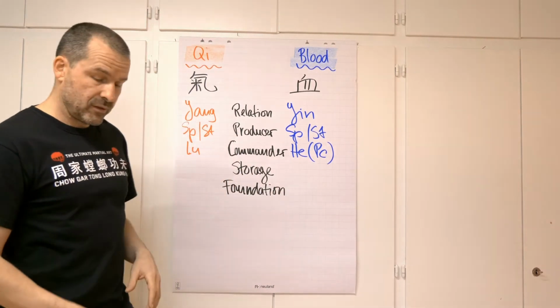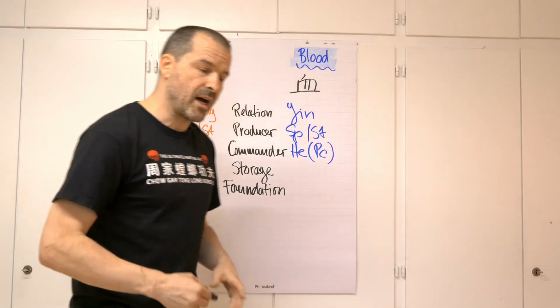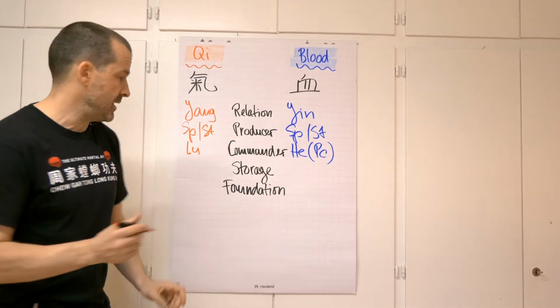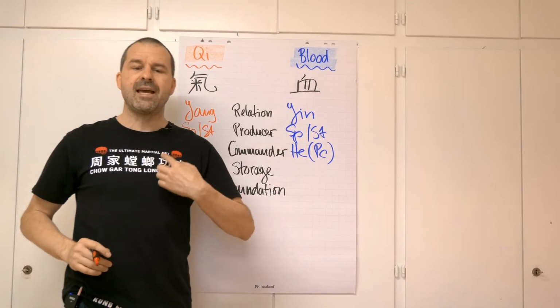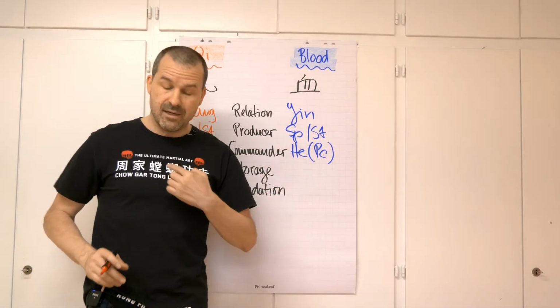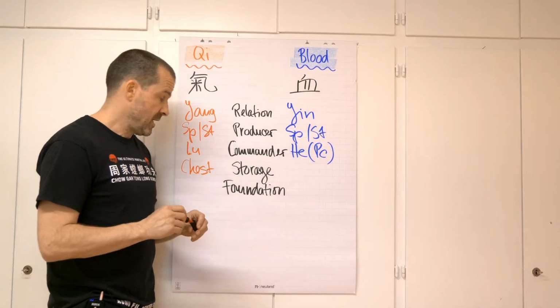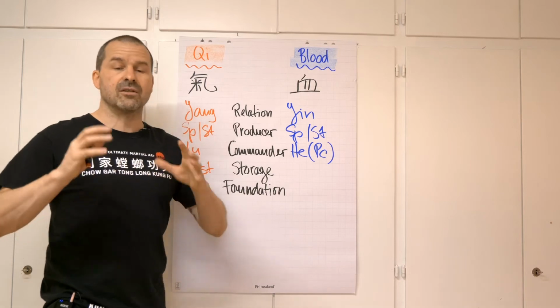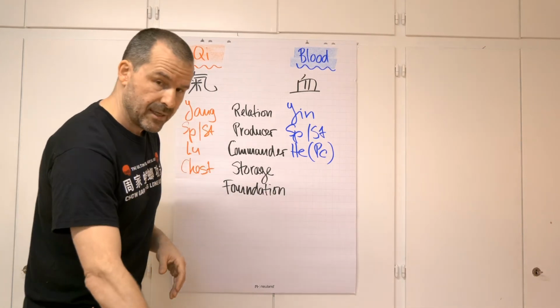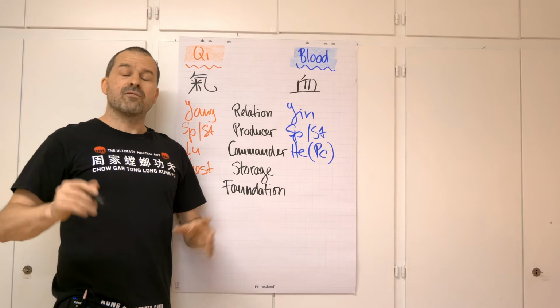When we go further, the storehouse of the qi is the chest. It's the chest, or the area around Ren 17, Shanzhong. This area is the collecting, the storage, or the storehouse of the qi. The storehouse of the blood is the liver.